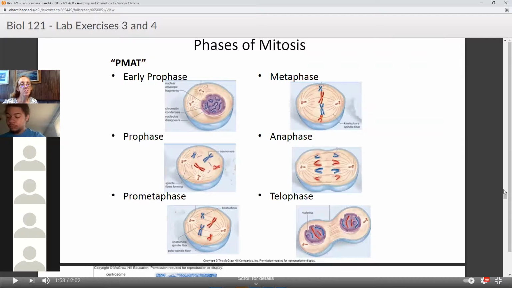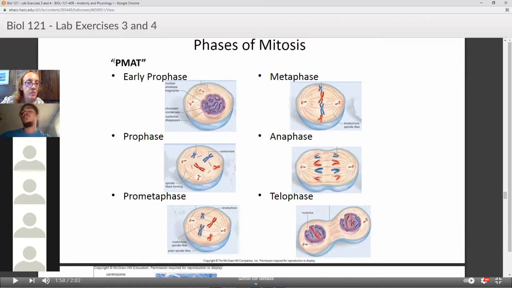So this is Professor Gessel's mnemonic of how to remember the phases of mitosis. PMAT: prophase, metaphase, anaphase, and telophase.